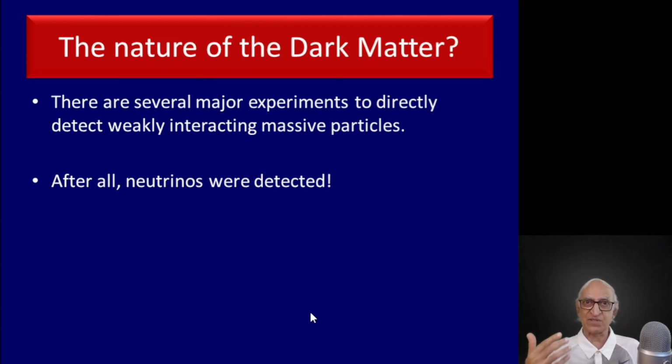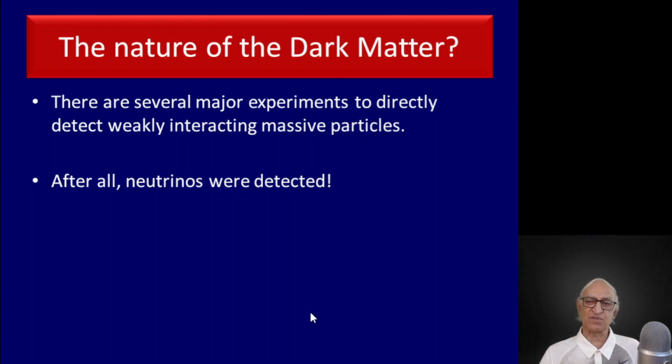What you need, if something interacts very weakly with the detector, is a very large detector in a place where there is very little background noise. So they build these experiments inside tunnels, inside the Alps mountains, or deep under the sea, or deep under the ice in Antarctica, and so on.